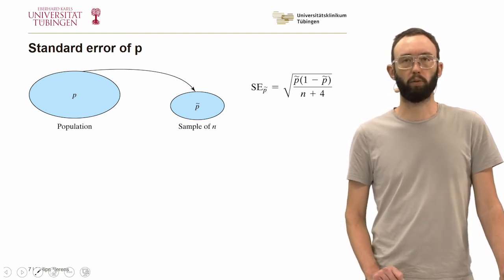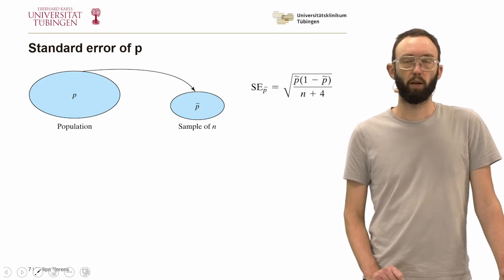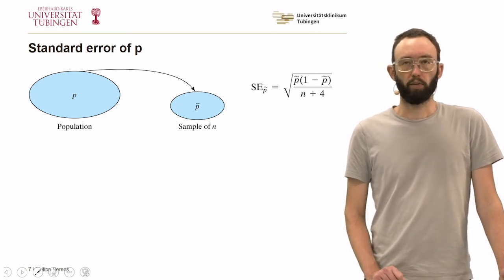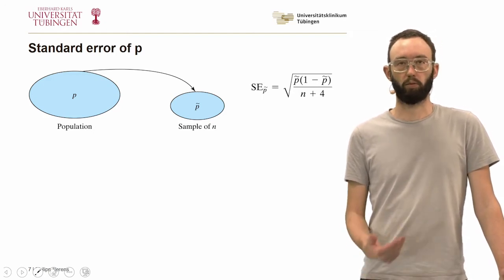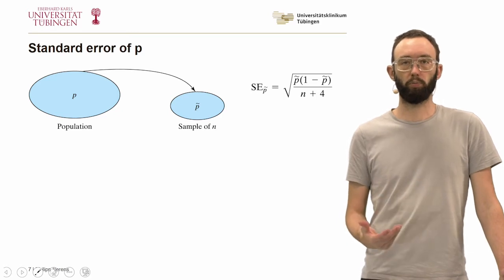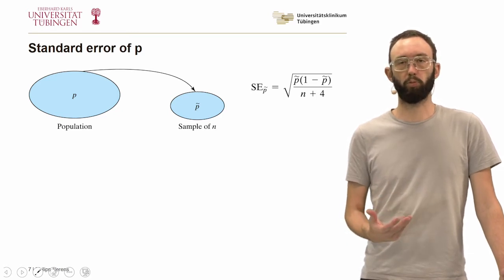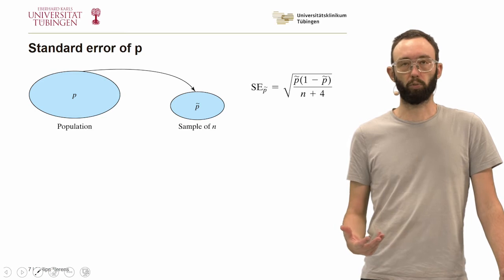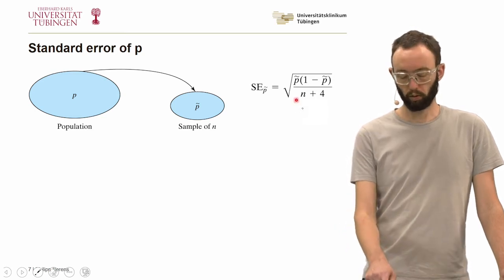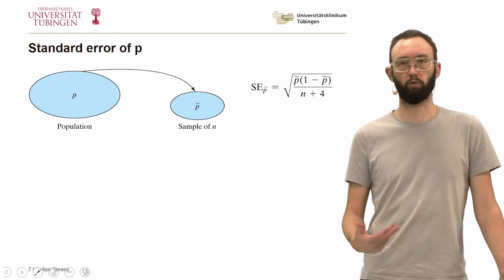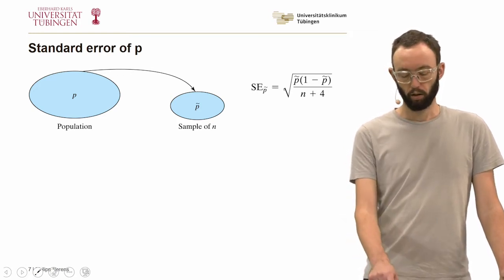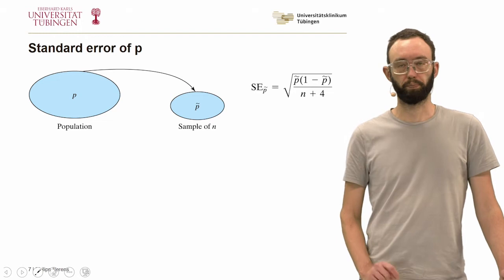You may remember that this is nothing else than the variance of the respective binomial distribution. And as you saw on the last slide, the sampling distribution of the sample proportion is a binomial distribution. And then we divide by n plus 4, because we added in our estimate our 4 fake samples, and take the square root.